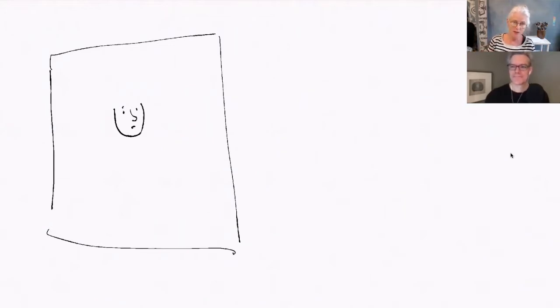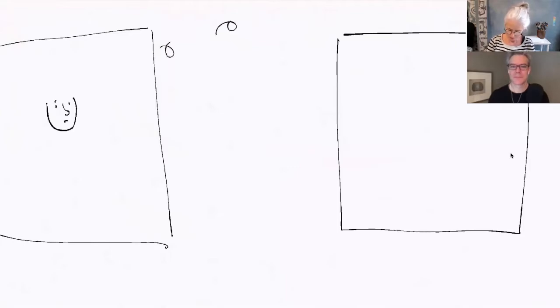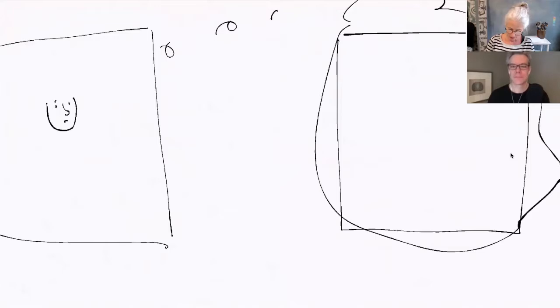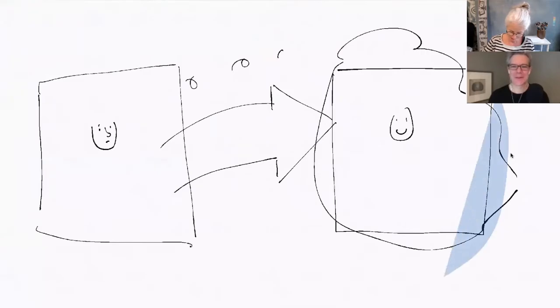So we find out what his problems are, and then we find out what his dreams are. And so then he's happy. And we find out how you get him from here to there. It's not difficult. Very, very simple.